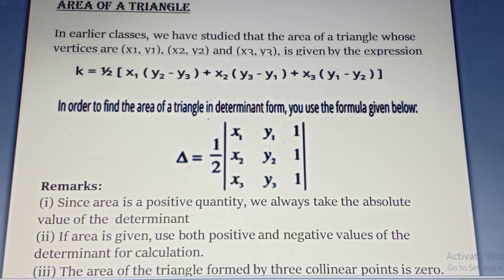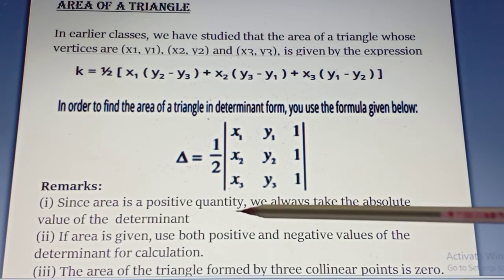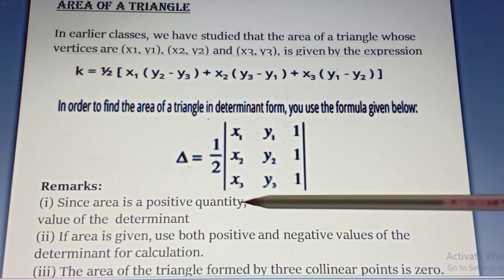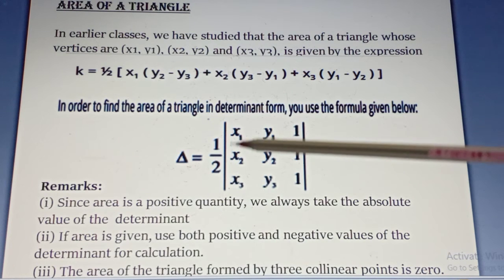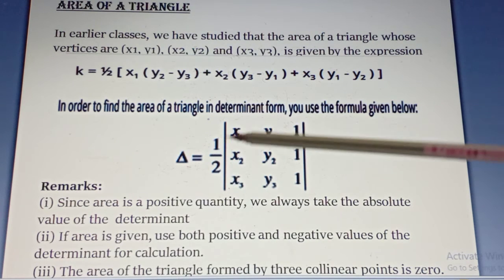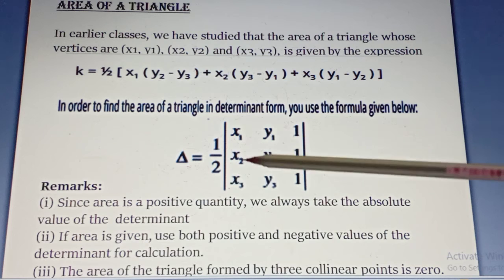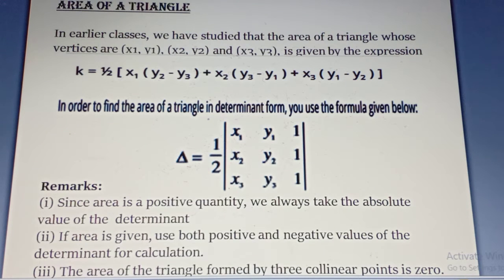After arranging such a determinant and after evaluating it, after expanding this determinant, you can find the area of the triangle whose vertices are x1, y1, x2, y2 and x3, y3.